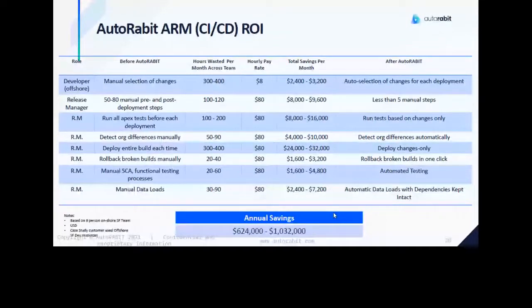So you can imagine the kind of leakages that we are trying to fix in terms of dollar value, efficiency, and hours of savings over the period of time for each of the resources or each of the people working in the DevSecOps process today, right?